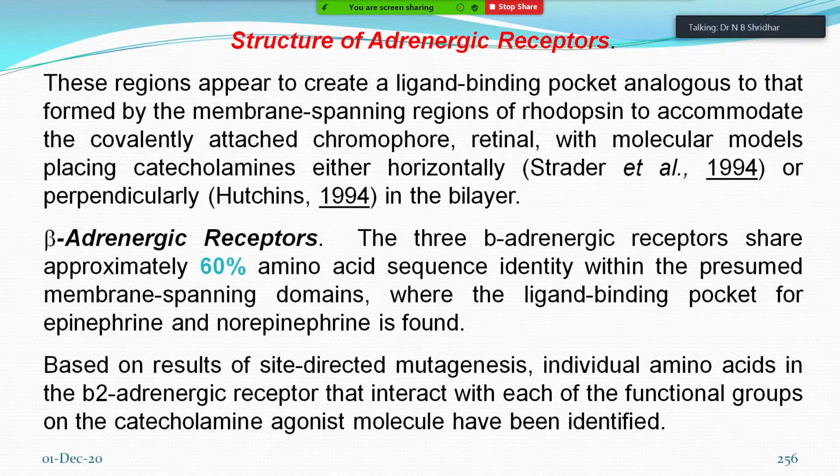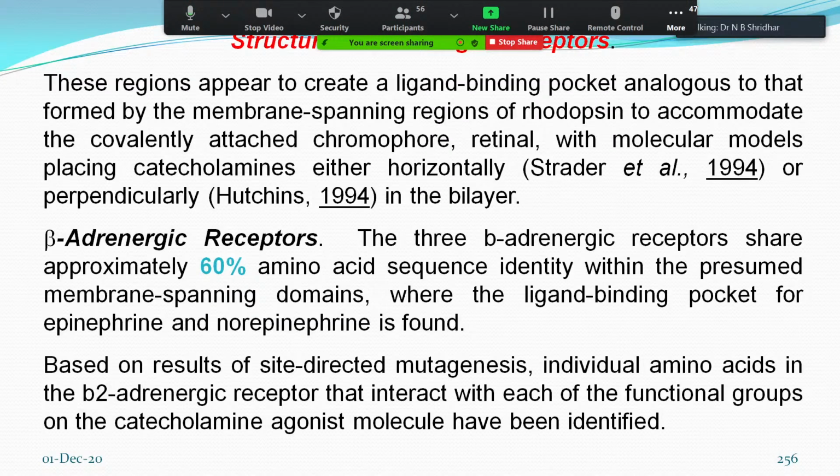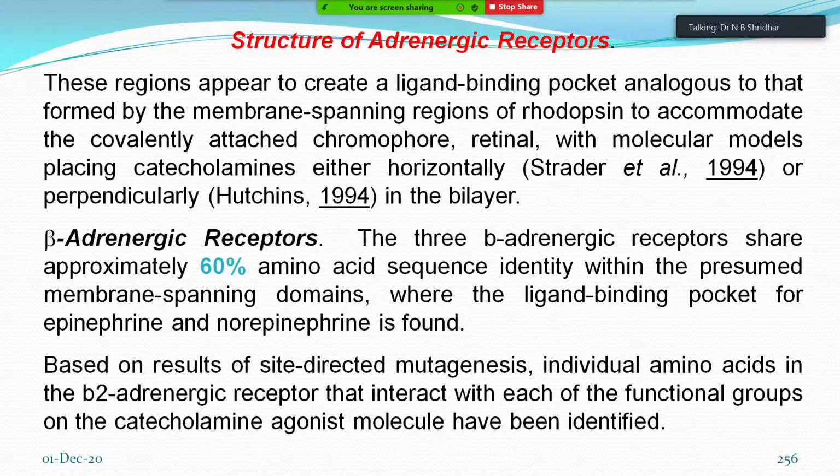Let us not go into detail, but a little structure activity relationships. The regions appear to create the ligand binding pocket analogous to that formed by the membrane spanning regions of rhodopsin, a protein, to accumulate the covalently attached chromophore retinal with molecular models of the catecholamine.